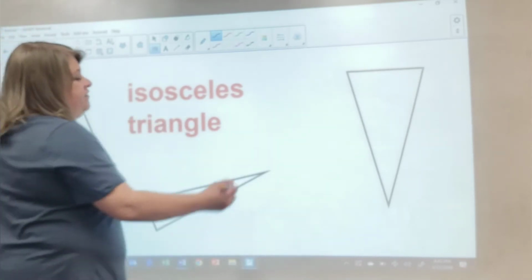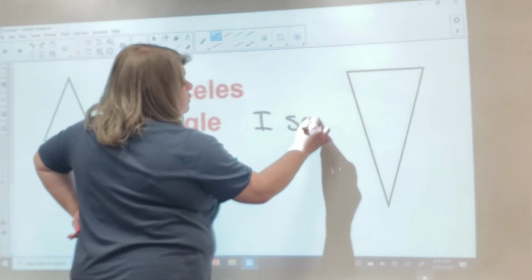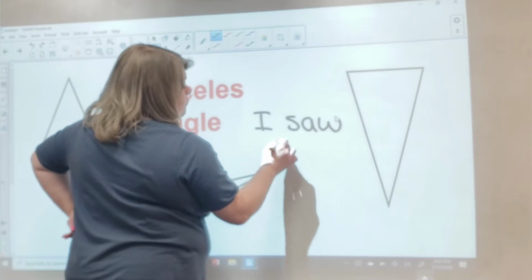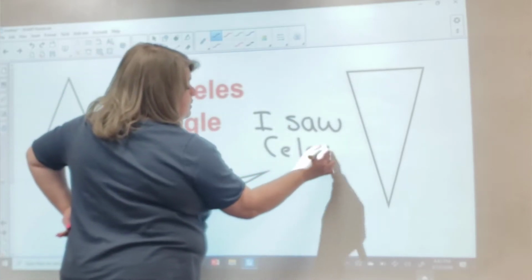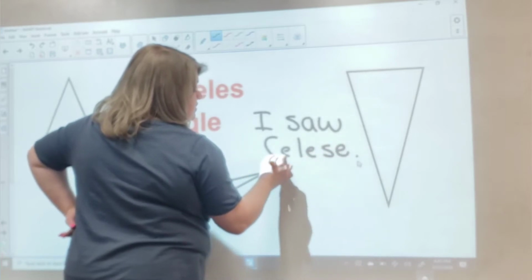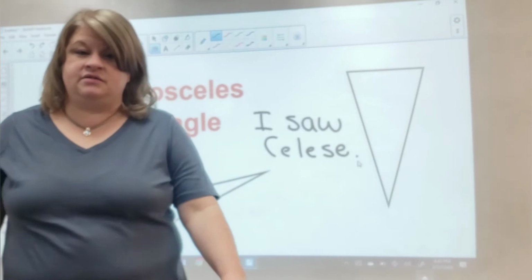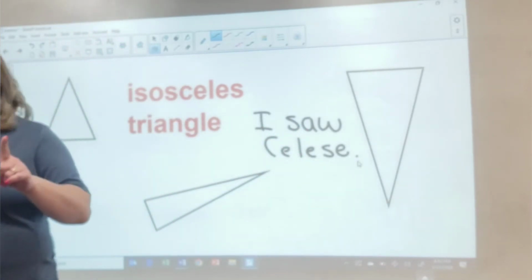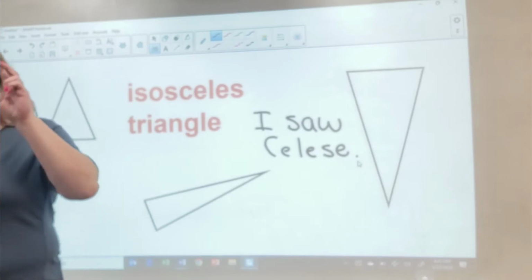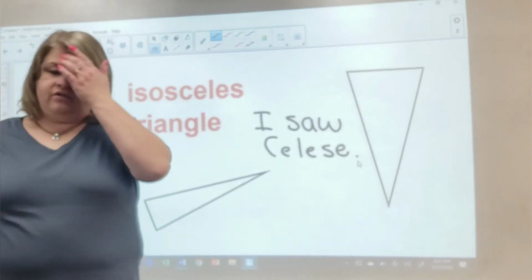I want you to think of it, when you say it, as I saw Celise, like somebody's name is Celise. I saw Celise. Isosceles. Isosceles triangles are special because they have at least 2 sides of equal length.